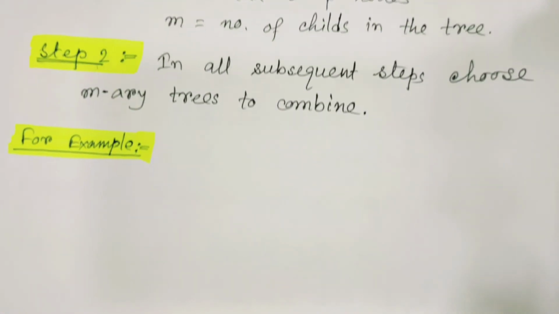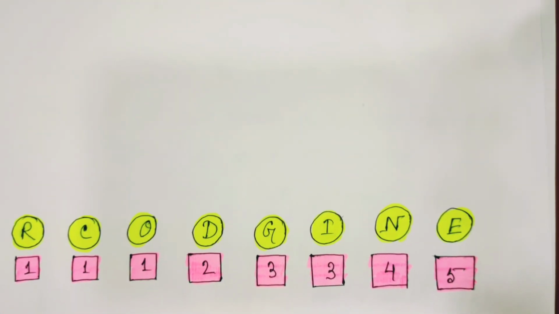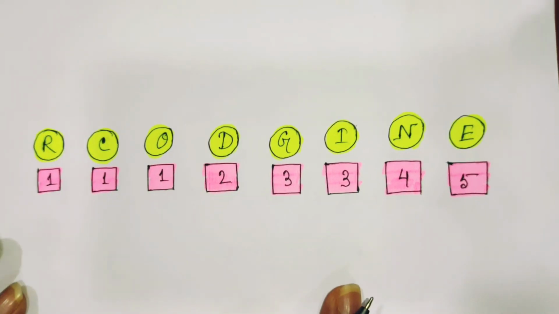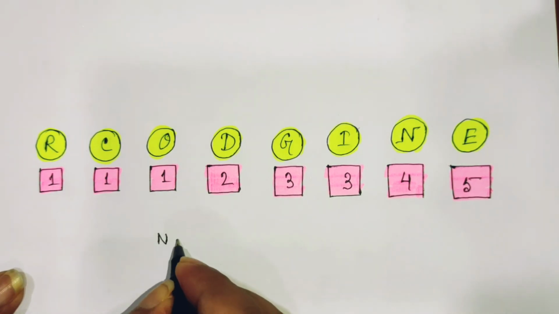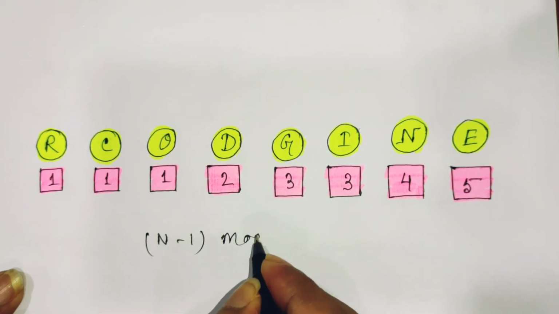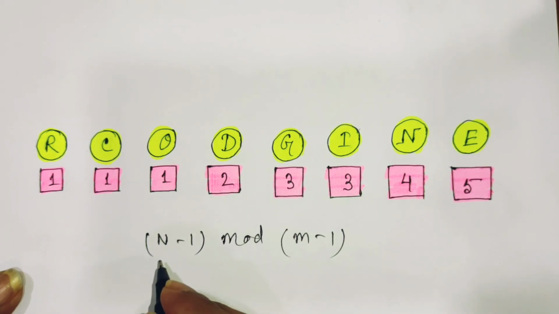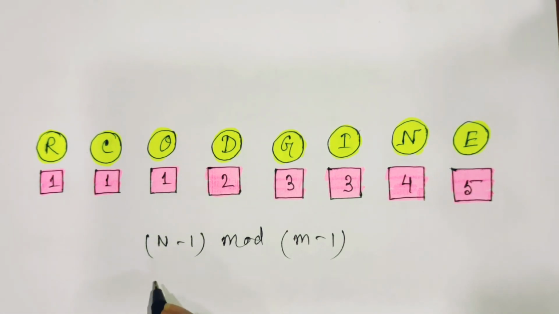So let me give you an example for this, the same example I took for the binary tree. Here the total number of variables is 8, that means there are 8 different characters.